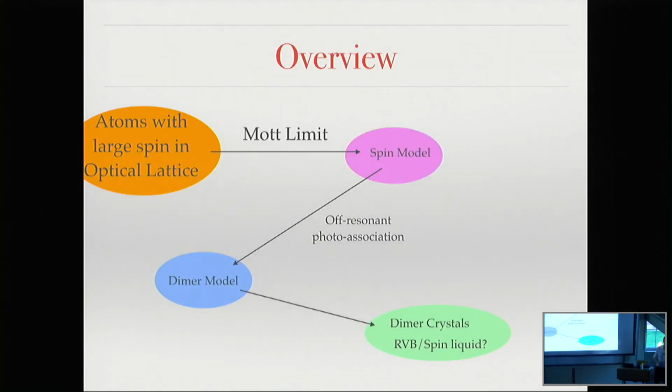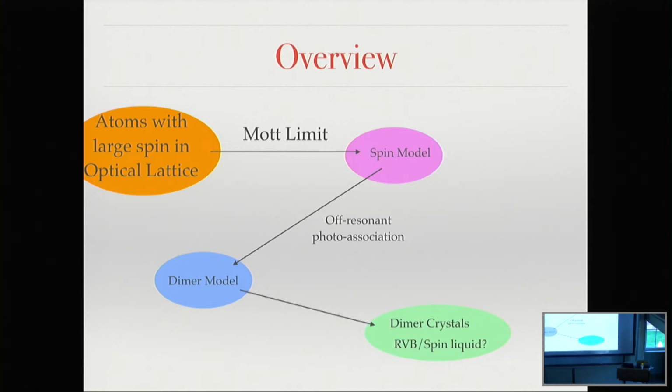I always like to tell you the entire story on the first slide, so that you can tune out and don't have to listen afterwards, check your email, etc. The setup is we're going to have atoms with large spins in optical lattices in the limit of one atom per site.